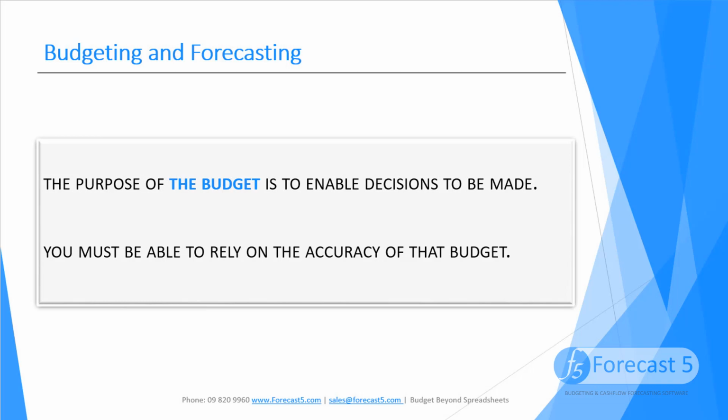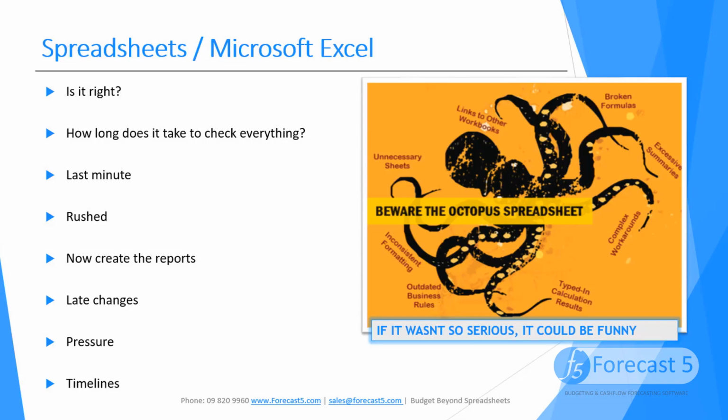So we are looking at things such as spreadsheets, which is the common issue we're dealing with. Is it right? There's so much time invested in the error-ridden processes around spreadsheets. There's a lot of research about the difficulties, and a whole range of comments. Unfortunately, if it wasn't so serious, it could be funny, and that's quite the problem.